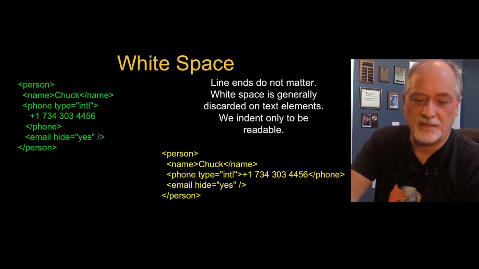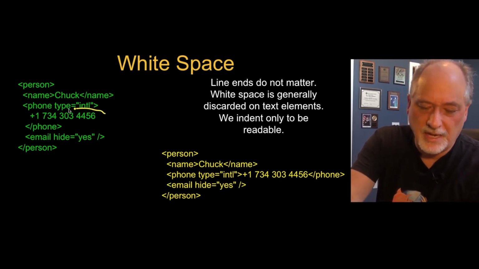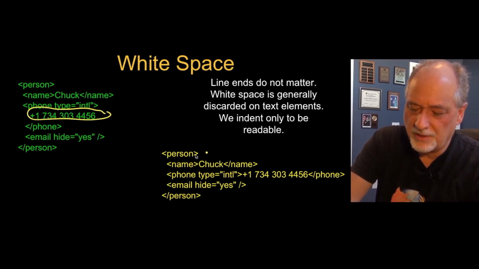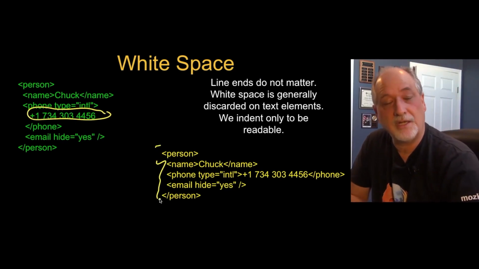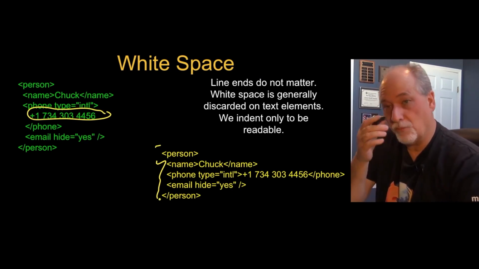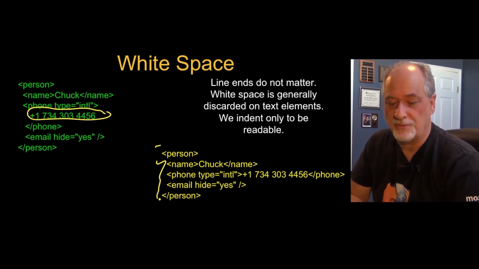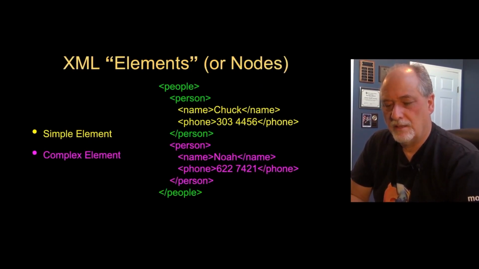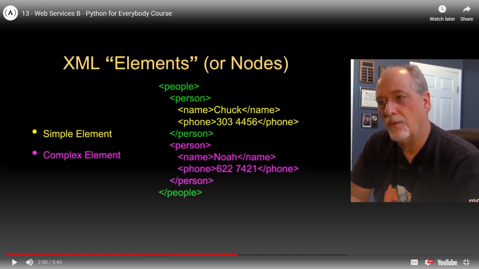It does in the text areas, so in here it matters and here it matters, but things like we can indent this a little bit differently, and we tend to indent it in a way to make it look reasonable. Although once you have programs sending it back and forth, they tend to send it more compacted just for efficiency purposes. So, all right, this is all new to me.